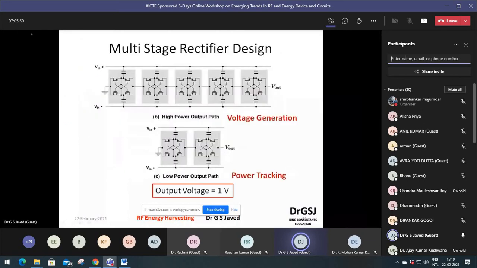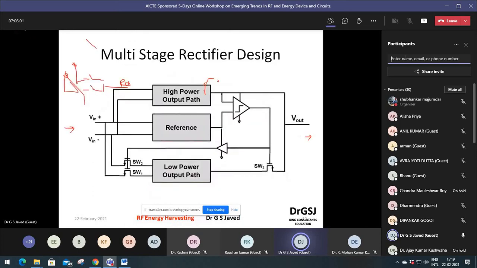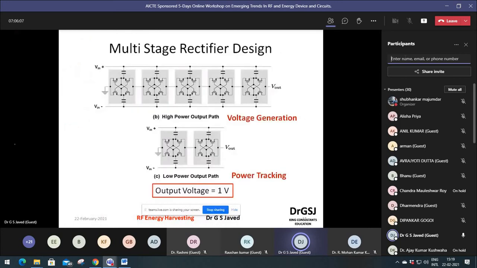So in the upcoming slide, we are looking at two parts. One is the voltage generation part and another is the power tracking part. The upper side is voltage generation, the lower side is power tracking. So what do we do in the voltage generation track? We cascade 5 of these units, which typically give us about 200 millivolt each.